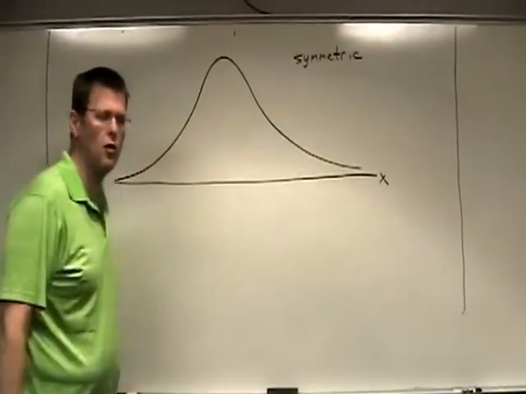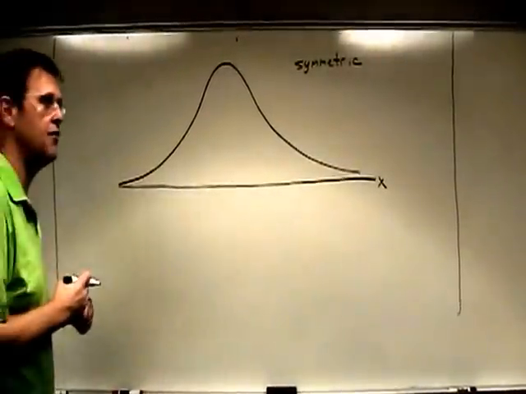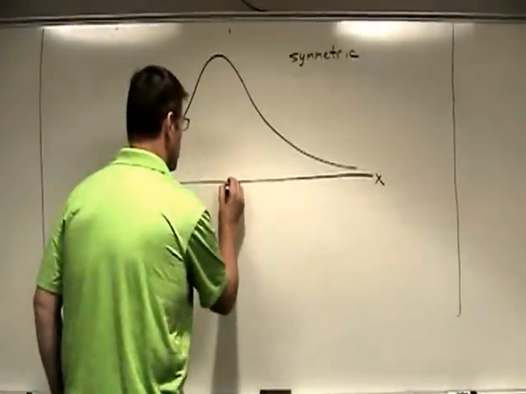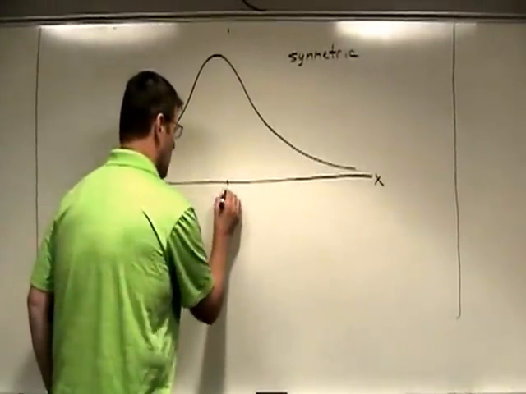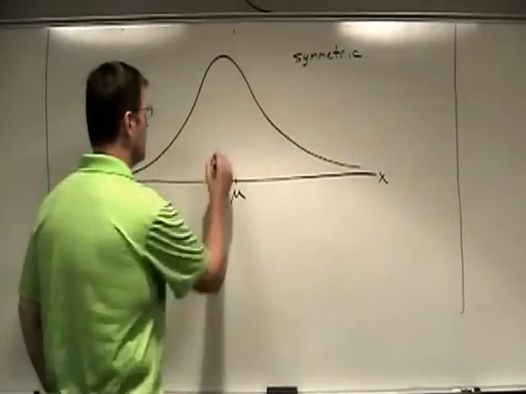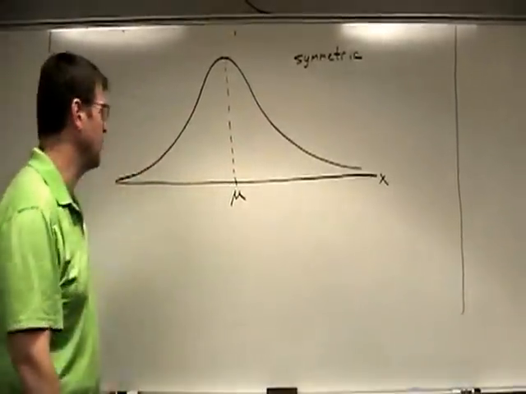And at this point in the course, we've done enough with symmetric distributions that we know that if something is symmetric, then the mean is going to fall visually right in the middle. So right here, we have the mean of the distribution, mu. And let's draw a line, dot it right there for something else we're going to see.